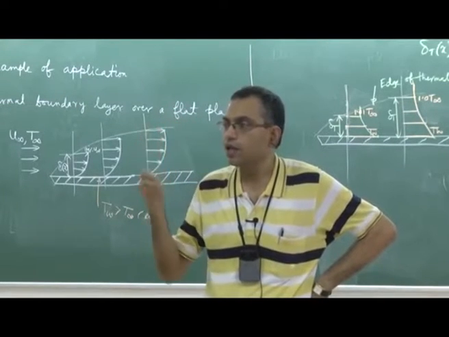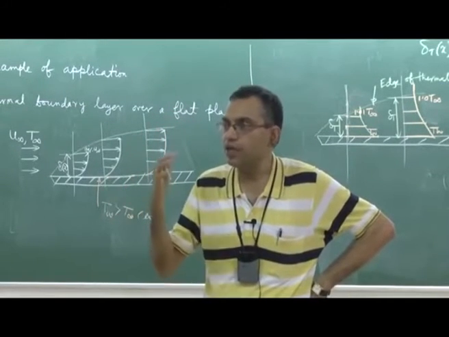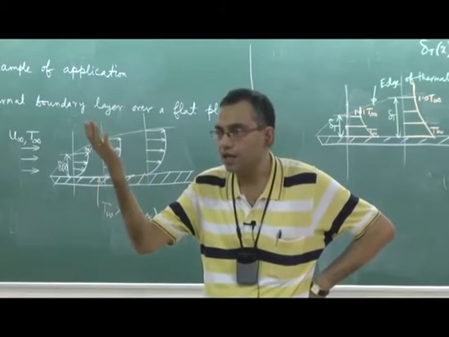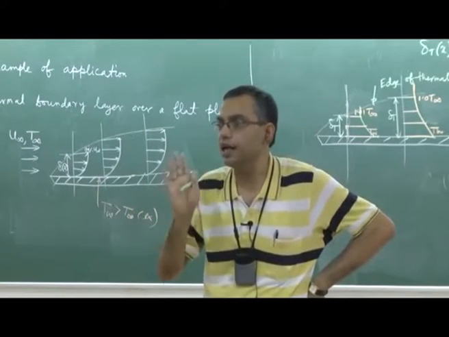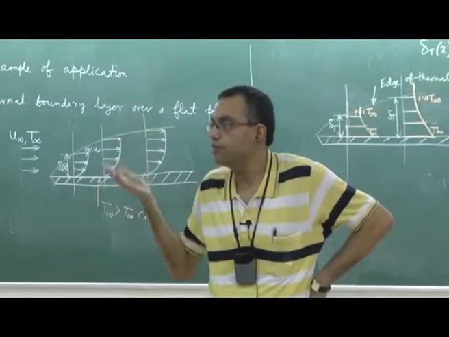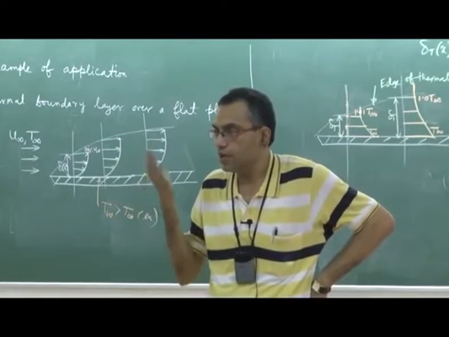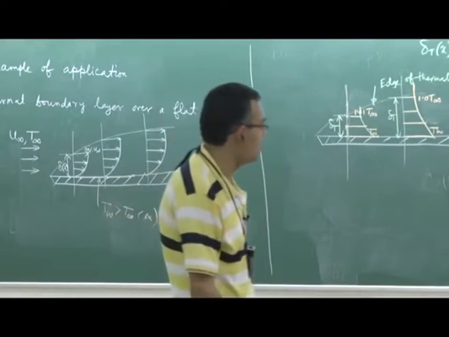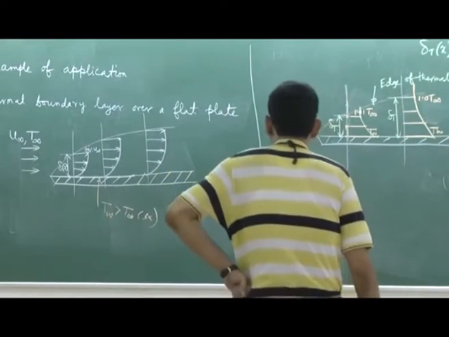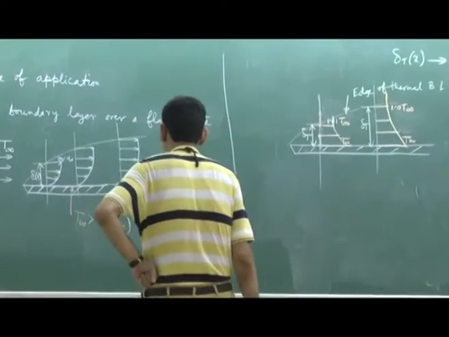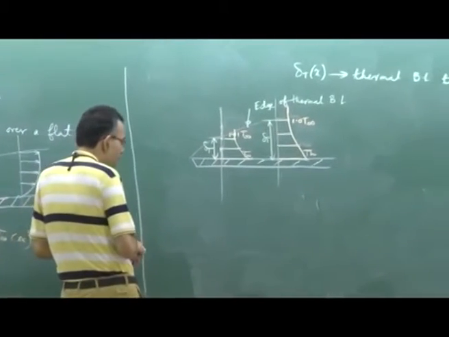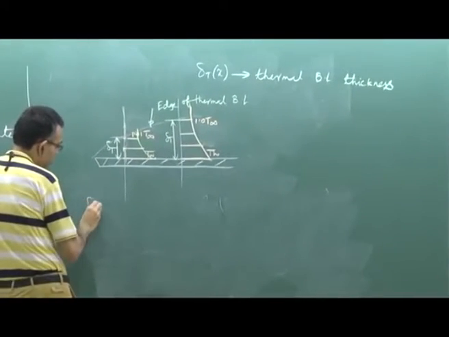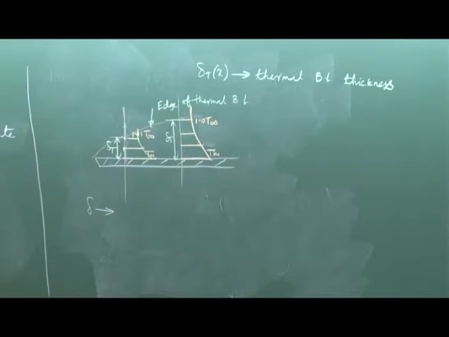That means, can we say at least whether delta T is greater than delta, equal to delta or less than delta at a given x? How can we say? What is the scientific basis from which we can talk about that? So, to understand that, delta will depend on what?